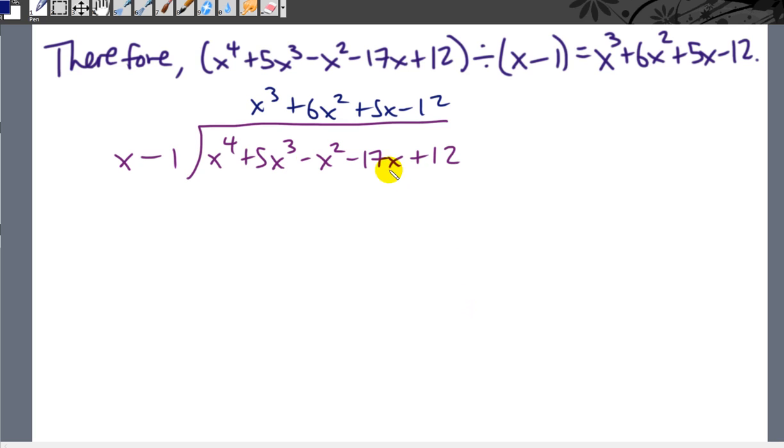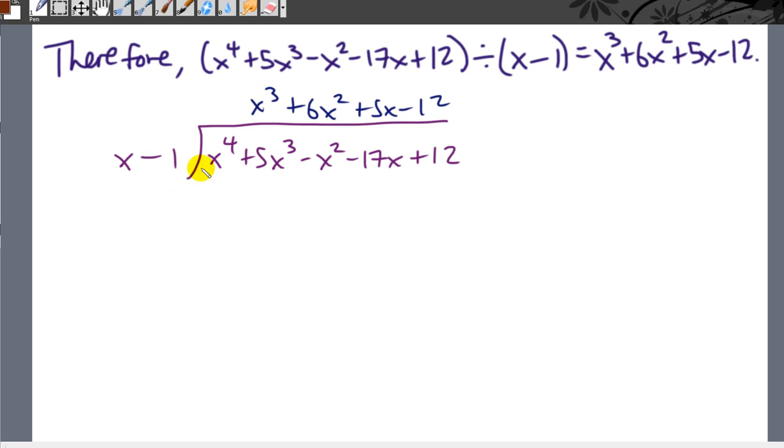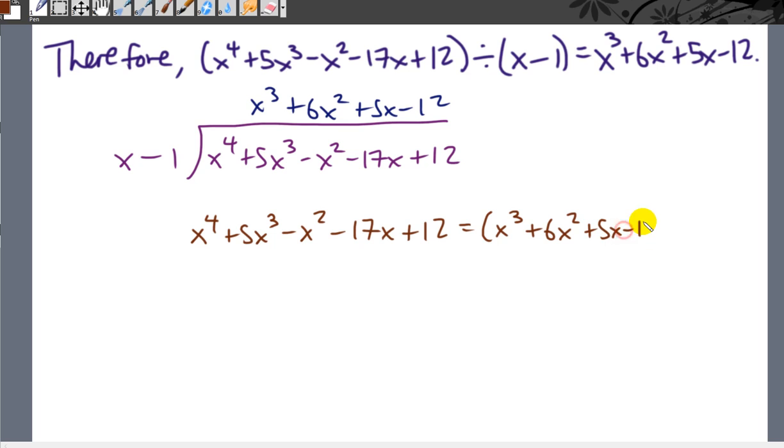Let's do the opposite: if we multiply the quotient by the divisor, we get the original. This implies x to the 4th plus 5x cubed minus x squared minus 17x plus 12 equals the quotient, x cubed plus 6x squared plus 5x minus 12, multiplied by the divisor, x minus 1.